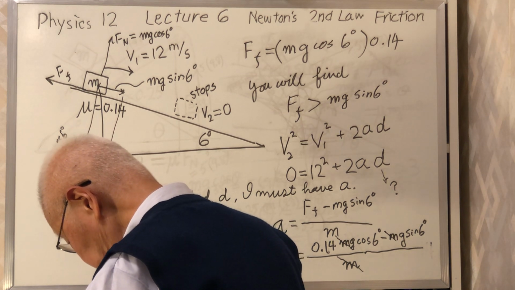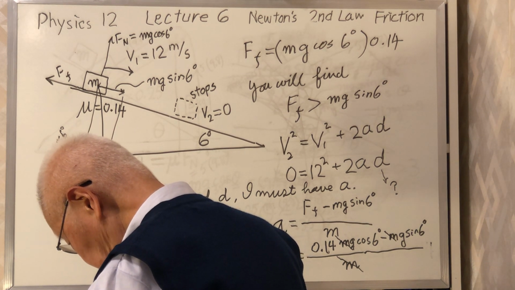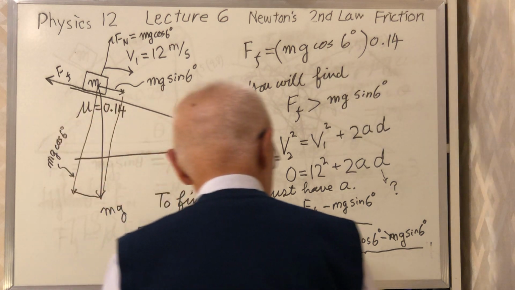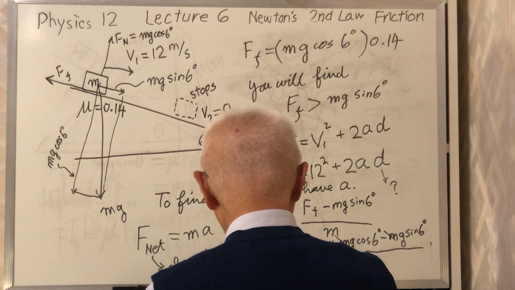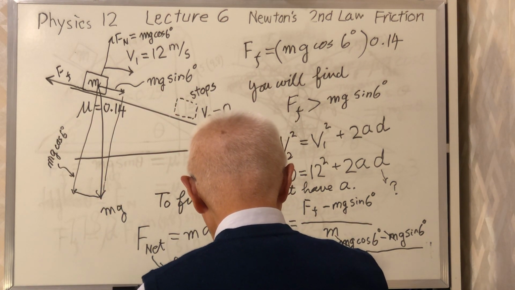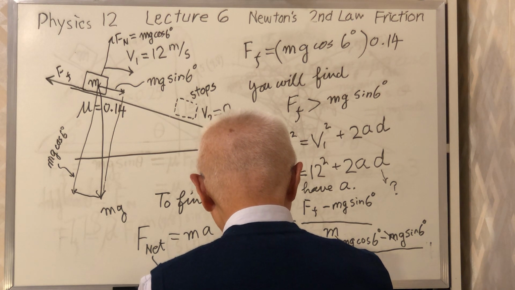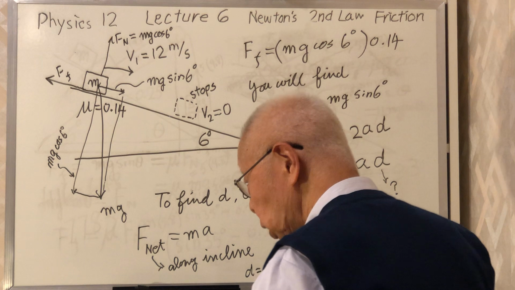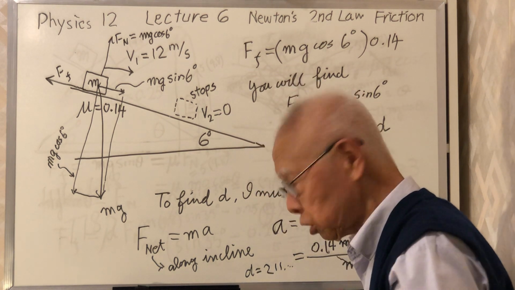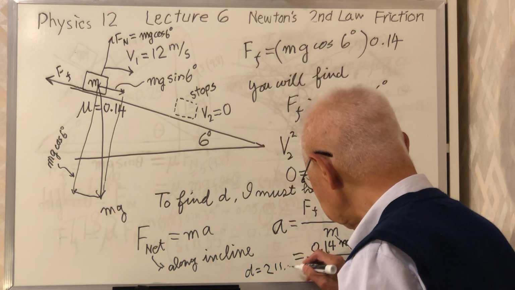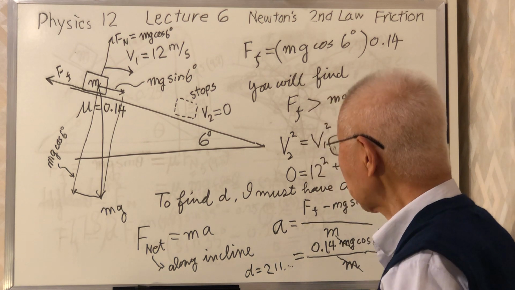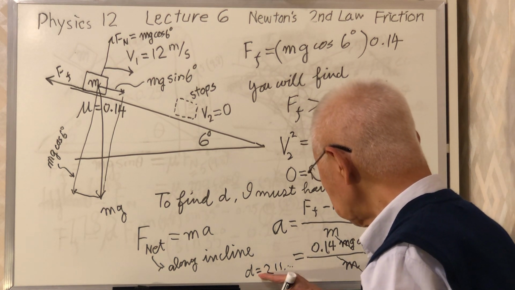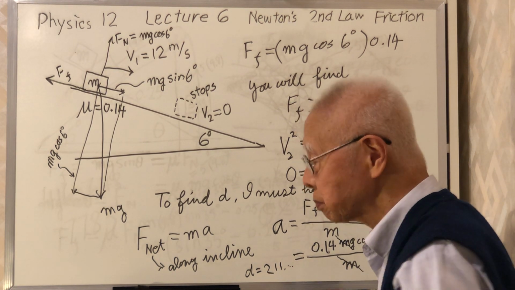So D is 211 and the decimal something. The calculator will give you many digits. So this is meters. Roughly you can say 210 meters.